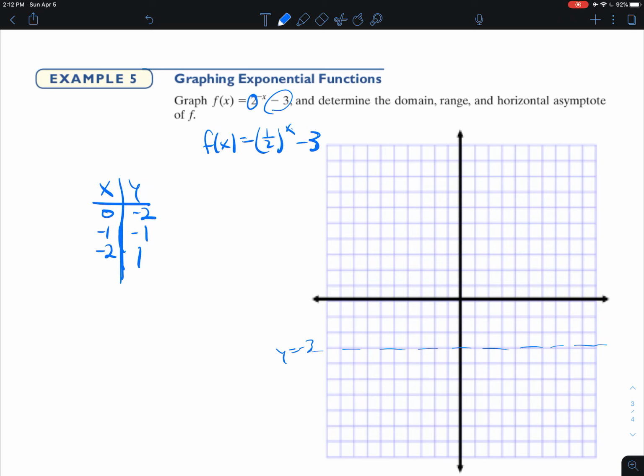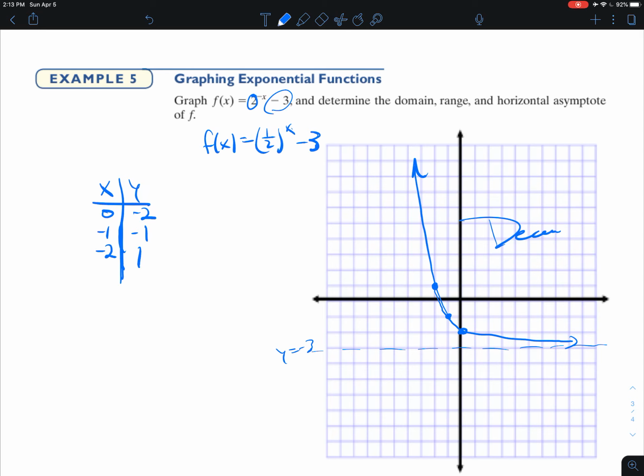So negative 2, 1. Negative 1, negative 1. 0, negative 2. And we know this thing's coming in for a soft landing there, and otherwise taking off up that way.